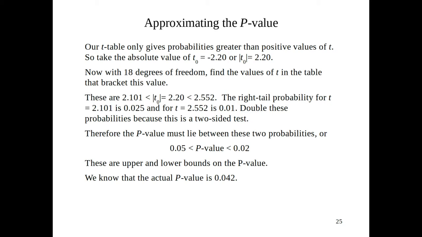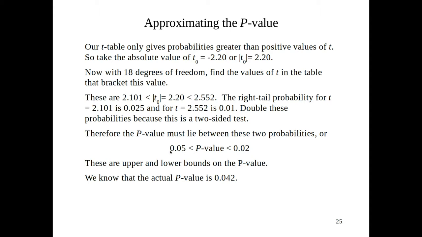But we need to double this because we look at the two-sided t-test. So if we double 0.025, that would be 0.05, and if we double 0.01, that is 0.02. That means our p-value for the t-value of minus 2.2 with a two-sided t-test should lie between 0.05 and 0.02.